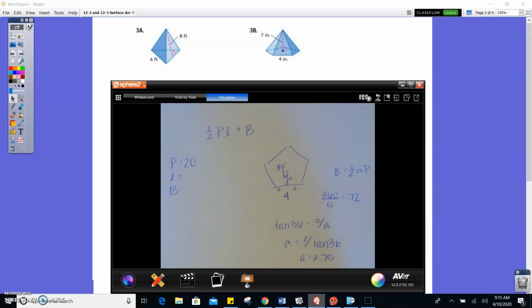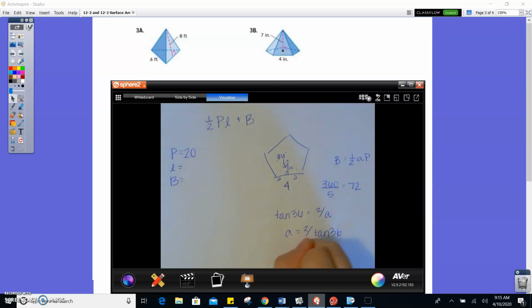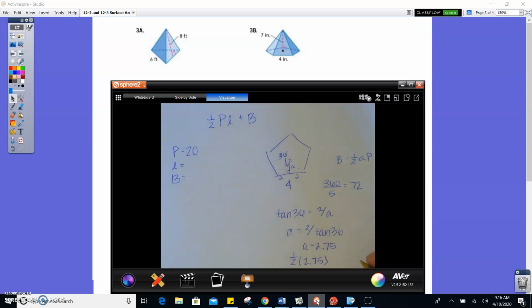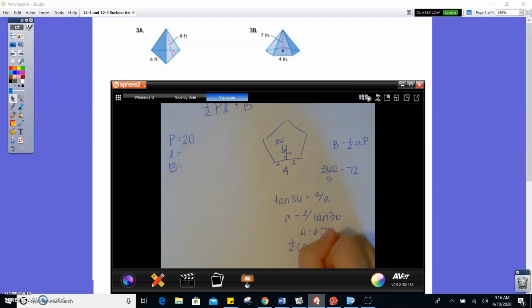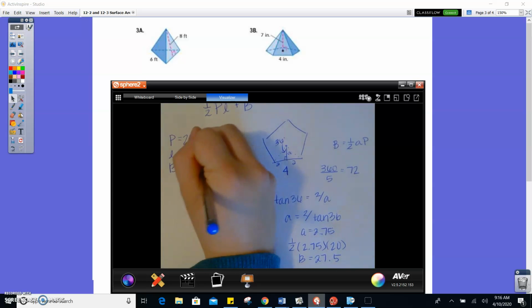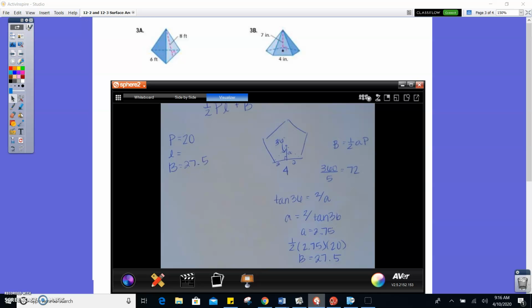So now I can say 1/2 of the apothem, which is 2.75, multiplied by the perimeter of the base, which is 20. This should yield the area of the base for us. Half of 20 is 10, and 10 times 2.75 gives us a value of 27.5. So our area of the base is 27.5.